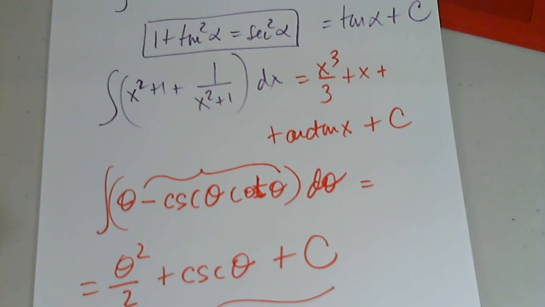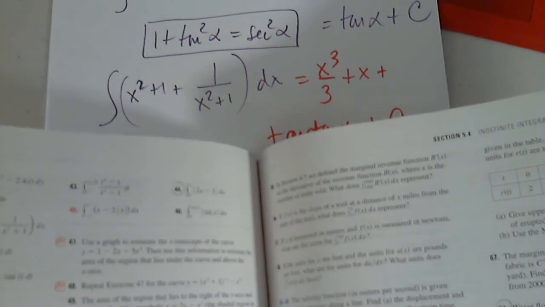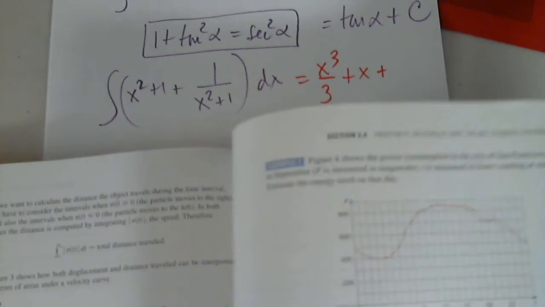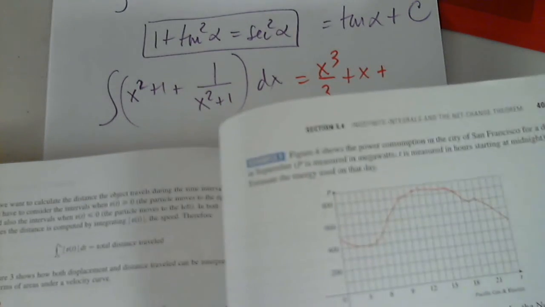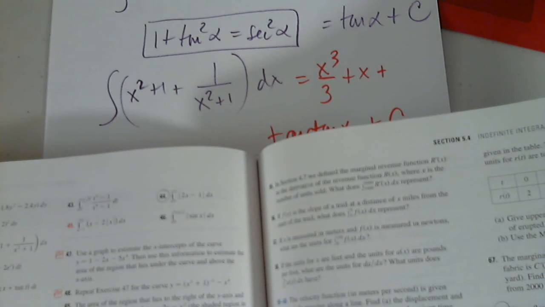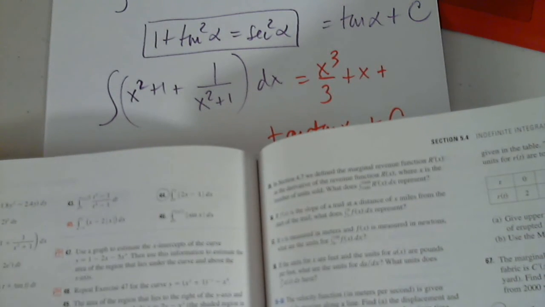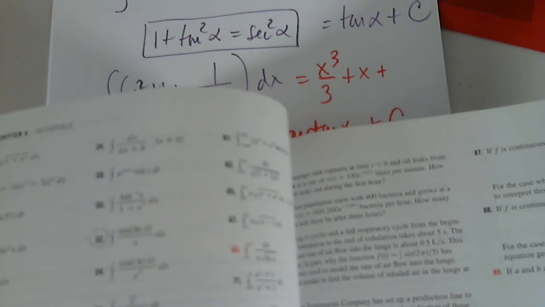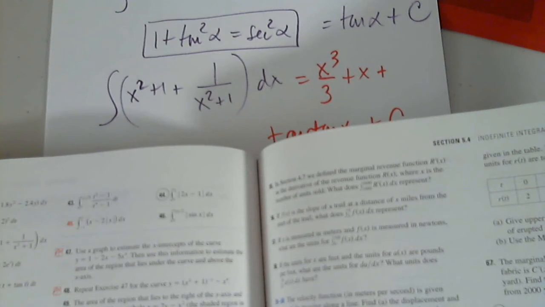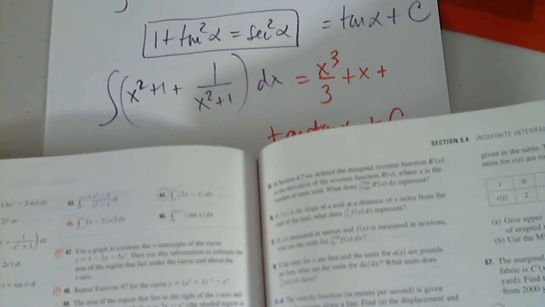I know we have 10 more minutes, so let's choose other problems. I do have a remainder from 5.4, which is the total change theorem that we have to talk about, a tiny remainder. And I have to show you the substitution rule, and that will be the end of the material for this class.